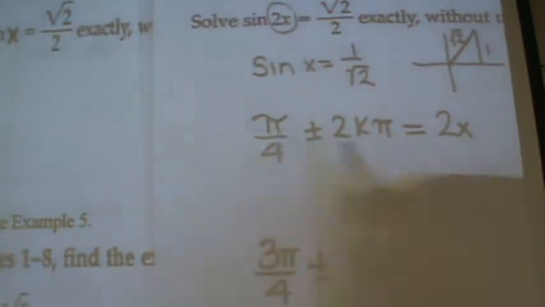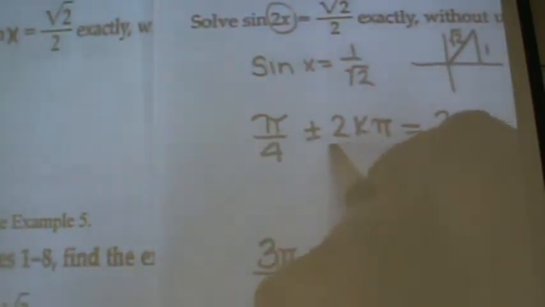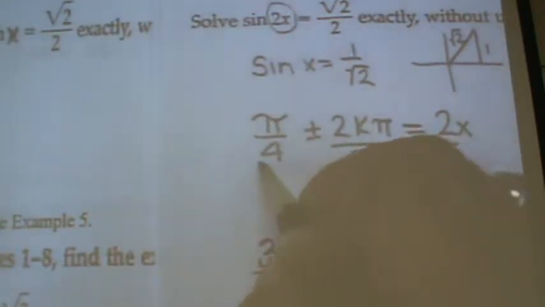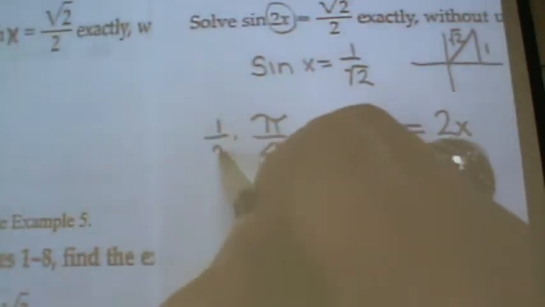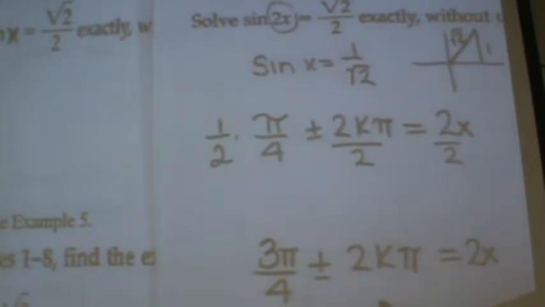You're going to set this equal to 2x right here. And now what you're going to do is divide, you're solving for x. How would you solve this problem for x? Divide this by 2, divide this by 2, and instead of dividing by 2 because it's a fraction, you can multiply by a half. Dividing by 2 and multiplying by a half mean the same thing. So fix this answer. I want to know what x is, not 2x.